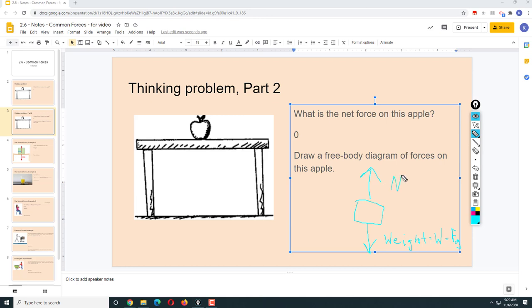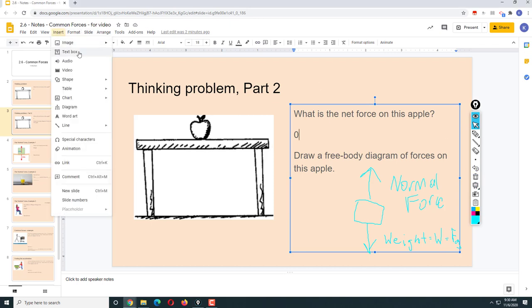That force is called the normal force. There has to be, otherwise the apple will move down. So the question is, what is keeping the apple up? The table is. So the normal force is the table pushing up on the apple.